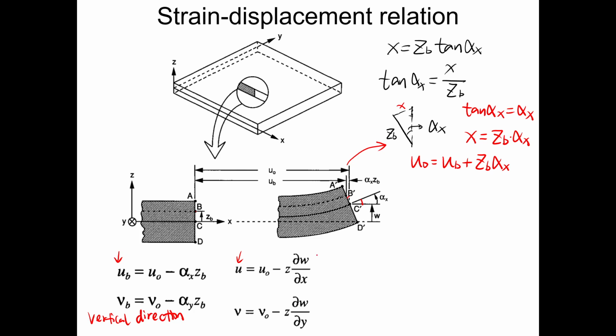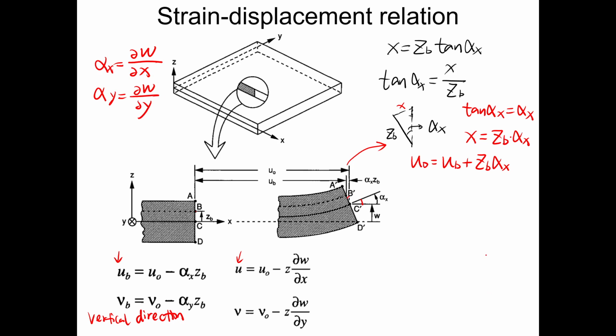And the angle here, alpha x, essentially is equal to delta w divided by delta x. Okay, delta w is the change in your vertical displacement, and alpha y is delta w over delta y.